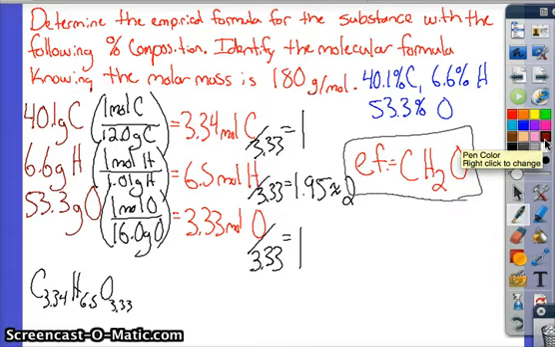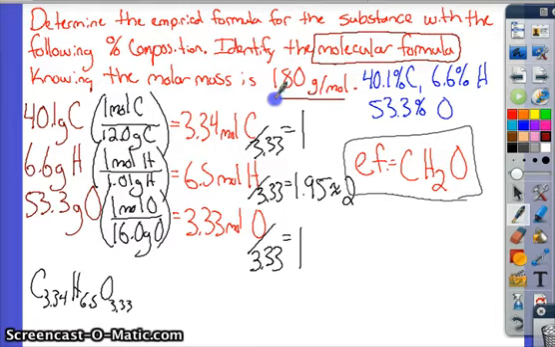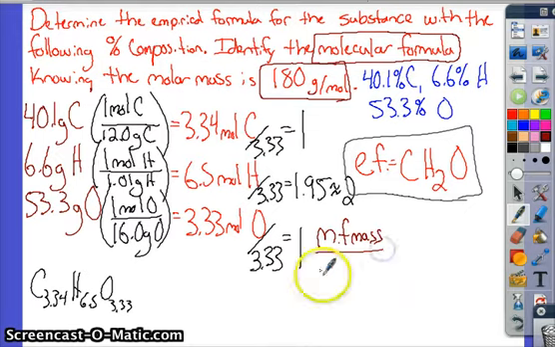The question is also asking, what would the molecular formula be given a molar mass of 180 grams? Well, to determine your molecular formula, you take your molecular formula mass divided by your empirical formula mass, and you'll get a factor.